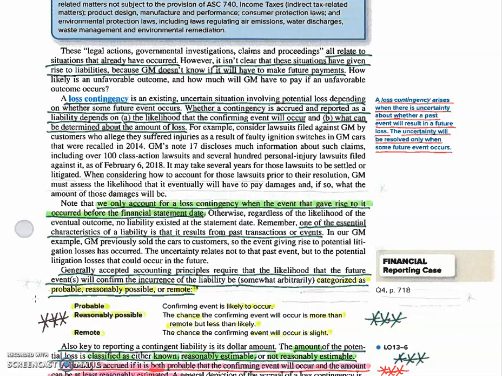Should we record a liability of the minimum amount of the range, $200,000, the maximum amount of the range, $300,000, or should we just go to the middle, $250,000? And then I would ask the class to vote.